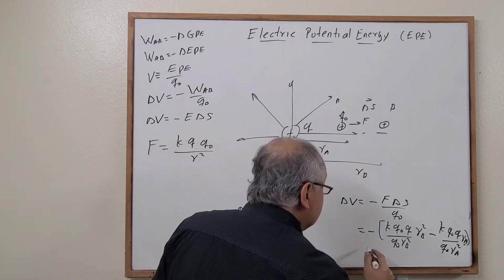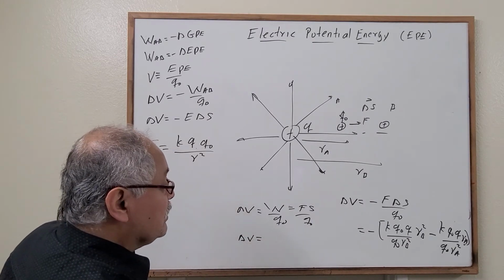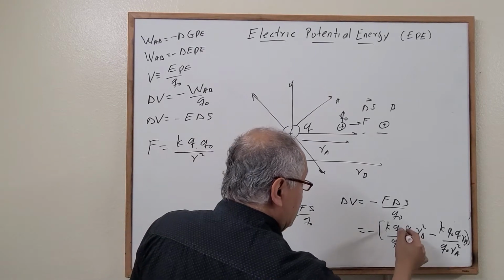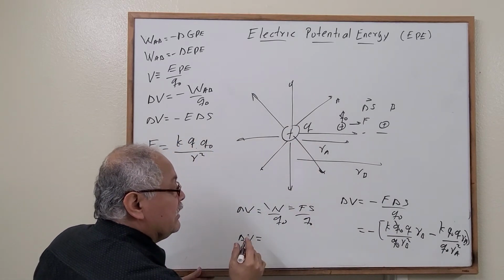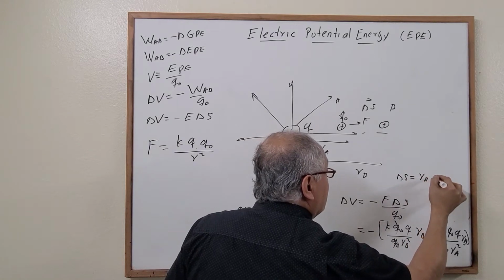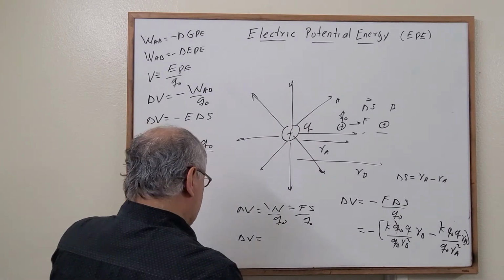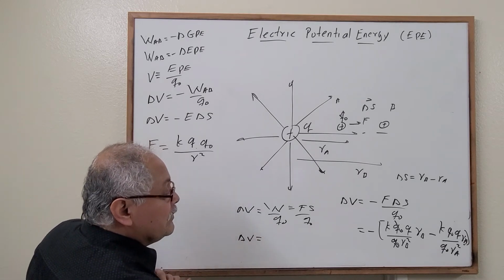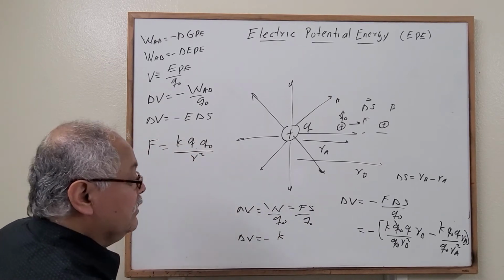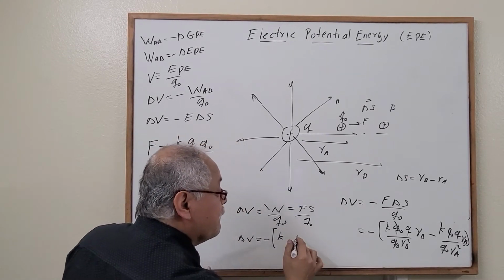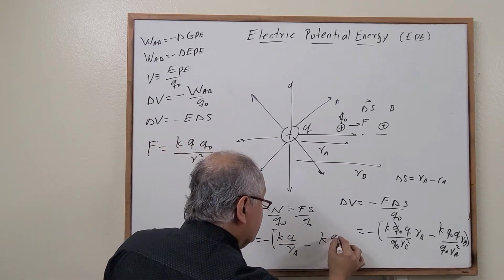For a point charge, this is cancelled with this, and it is not squared, the distance R. Remember, delta S is equal to R B minus R A, correct? So we have negative K times the charge divided by R B, minus K times the charge divided by R A.